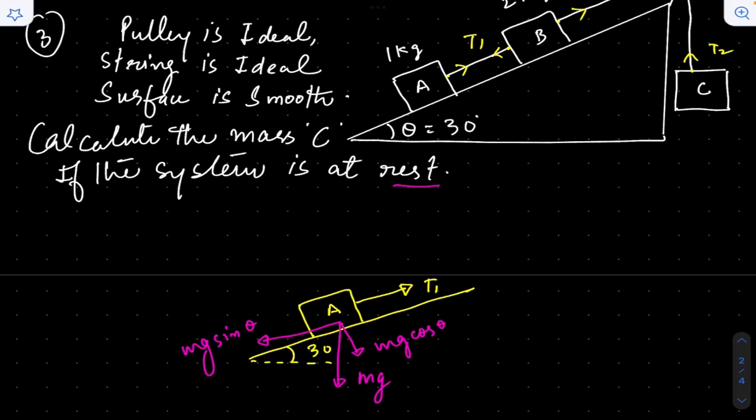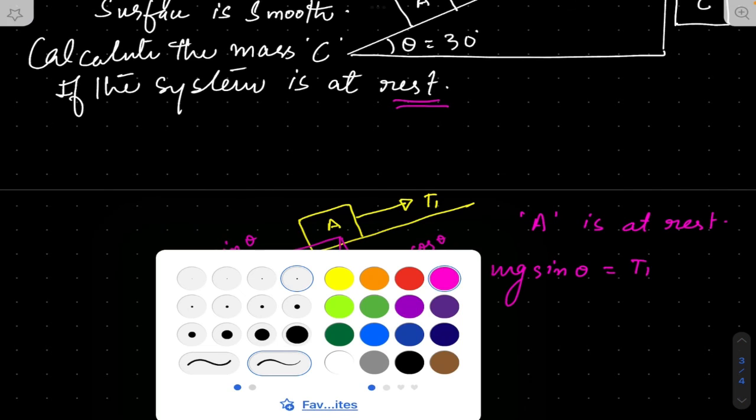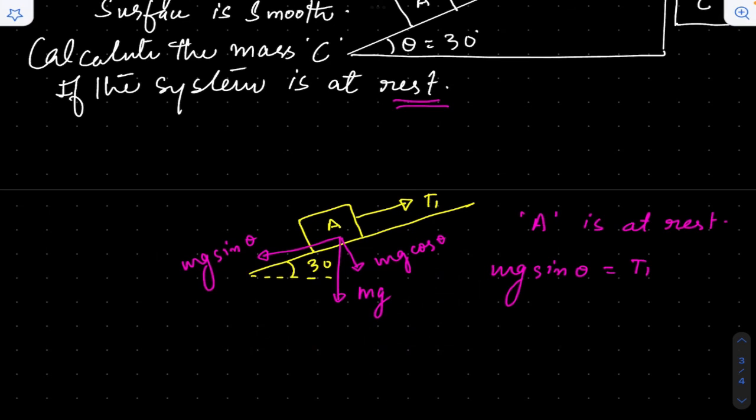The system is at rest. What it means is that mg sin theta equals T1. So this is our equation number 1.